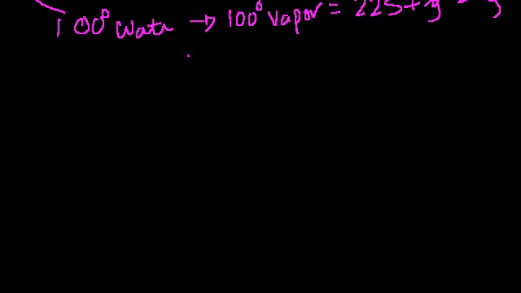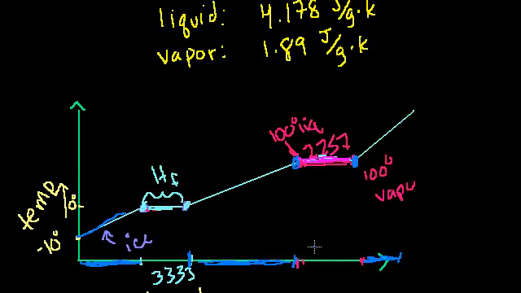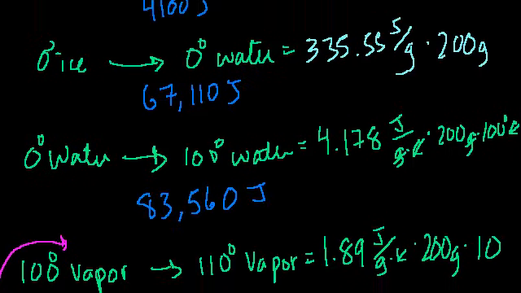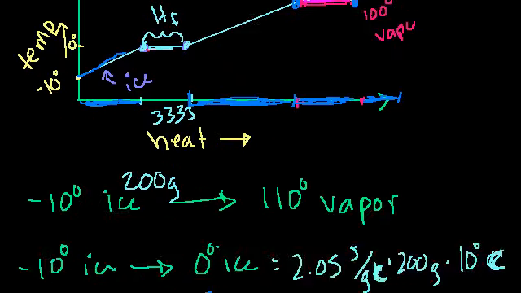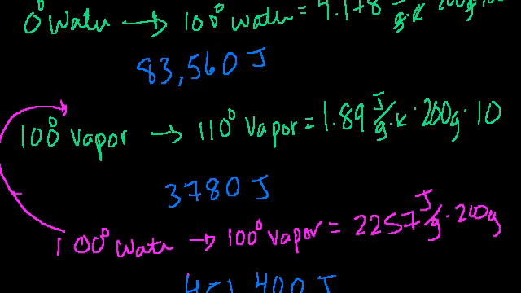I'll do it in that blue color. 451,400 joules. So this piece right here is 451,000 for our sample of 200 grams. This piece right here was 83,000 joules. This piece right here was 3,780 joules.